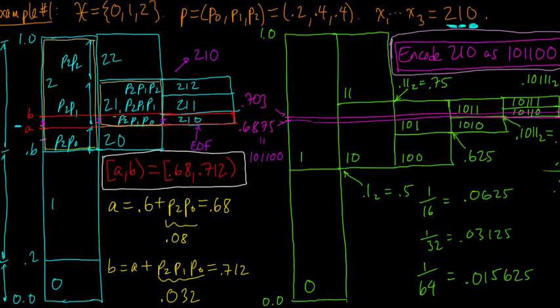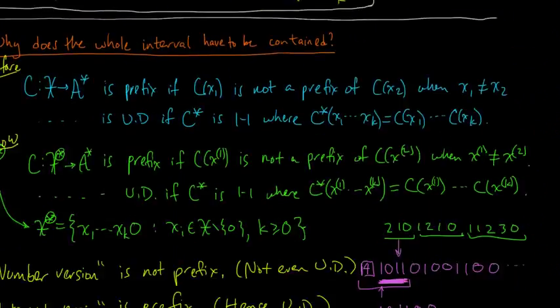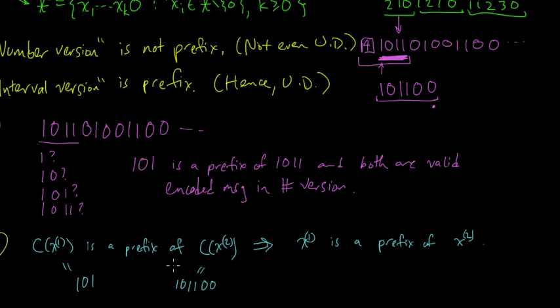Hopefully that's clear. It might not be totally clear. You may have to think about that for a second if you want to really understand it. Think about why that's the case. But that's roughly the idea: the reason why, if this is a prefix of this, then this is a prefix of this.